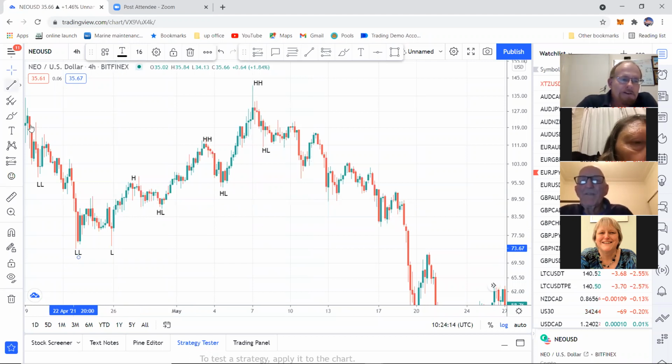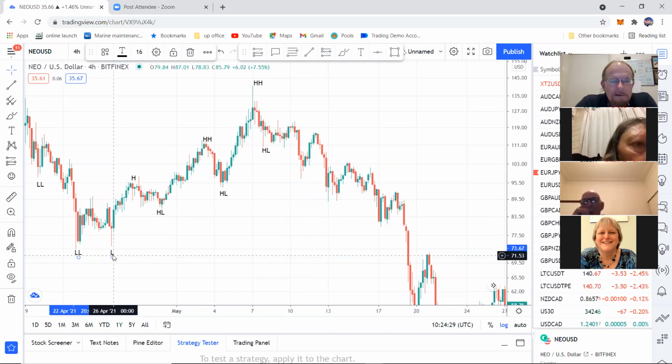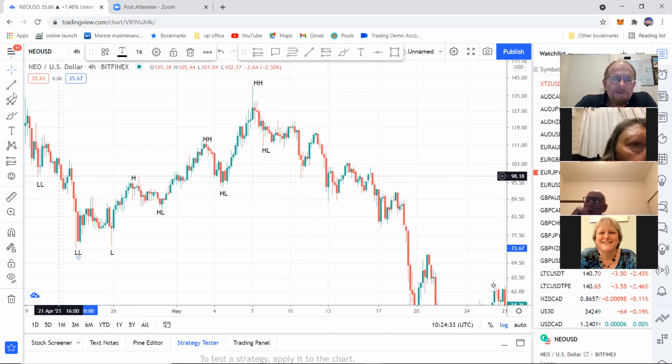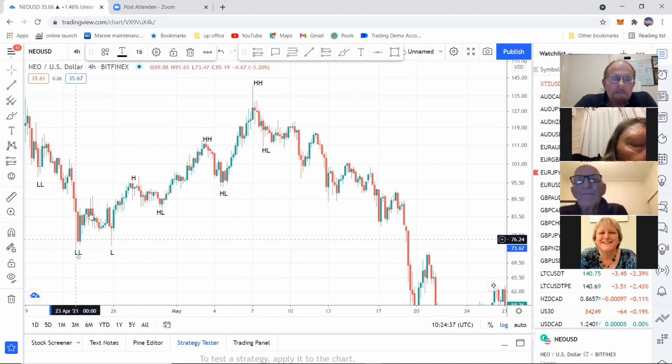Let's say this is the market trending downwards. We've got a lower low, we've got a lower low. Just imagine further this way, there's a lower low, a lower low, a lower low, a lower low, and now all of a sudden it's a low, but it's not a lower low. So it's just a low. So all of a sudden something's changed. Instead of getting lower lows all the time, now we've just got a low.